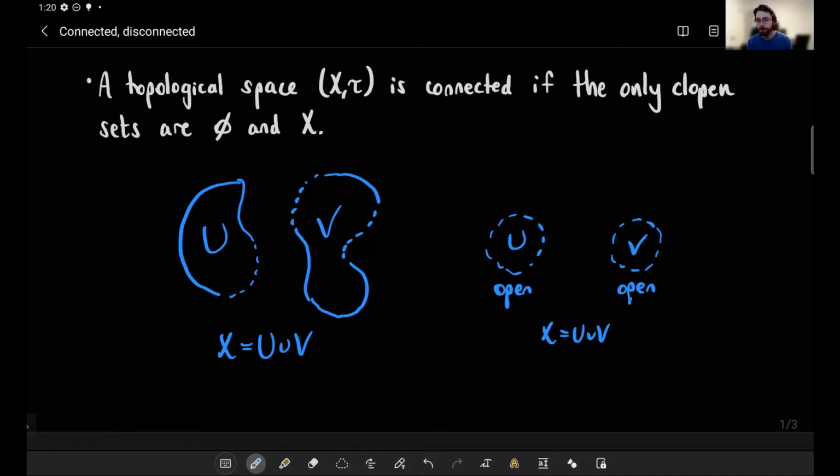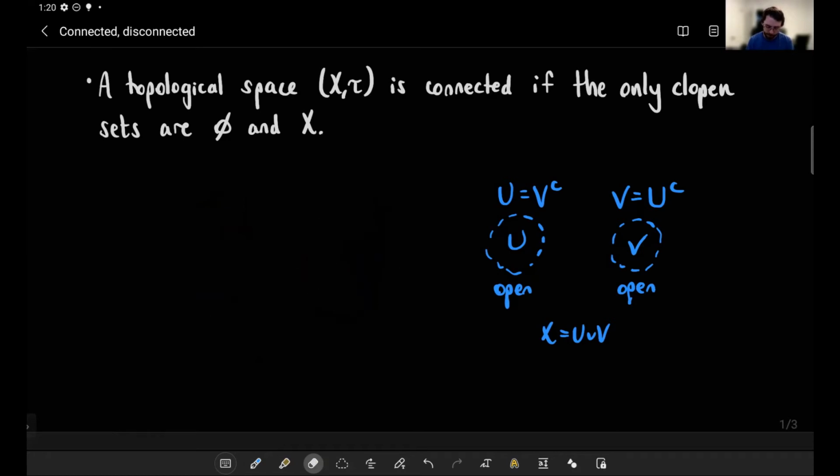Well, they're both closed because V is the complement of U, and U is the complement of V, and the complement of an open set is a closed set. So they're both open and closed. Cool.